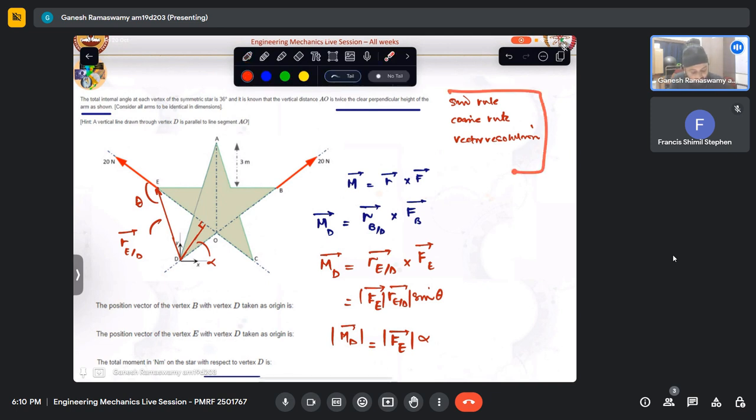If we are comfortable with these three, then the majority of the problems can be solved very easily. Most of the problems only come in the calculations dealing with these, other than the concepts, which we will see as we go about. So I hope that is clear.